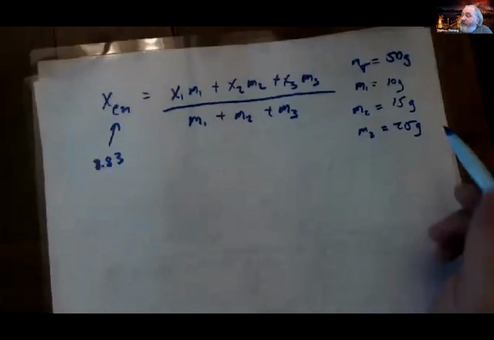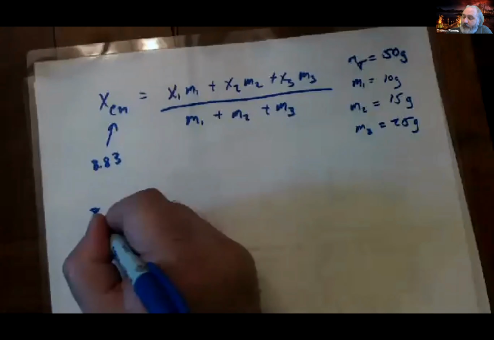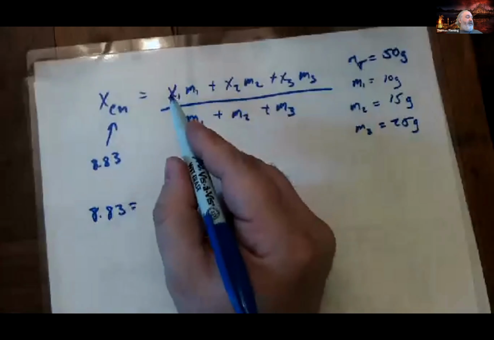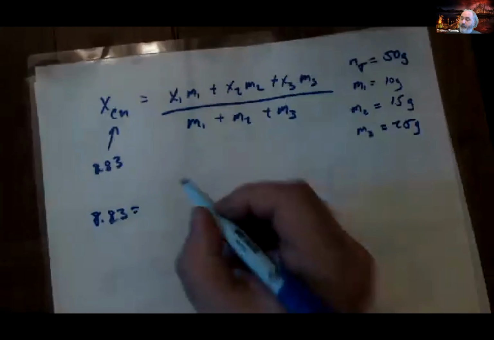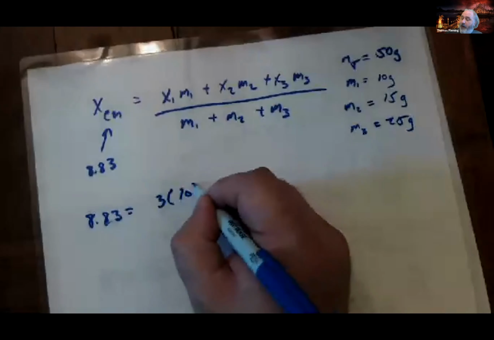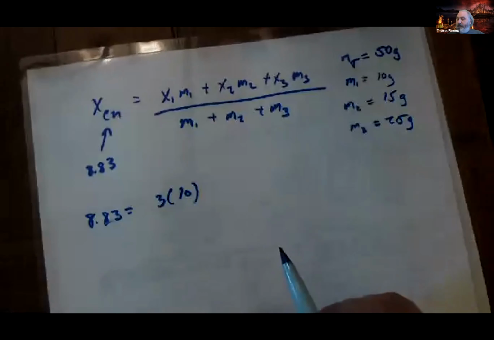Now, if that's the case, I'm solving. I've got 8.83. I've got position 1, which was given to be 3 meters, times mass 1. I'm going to leave this in grams, which is fine, as I'll get my answer in whatever units I put in.